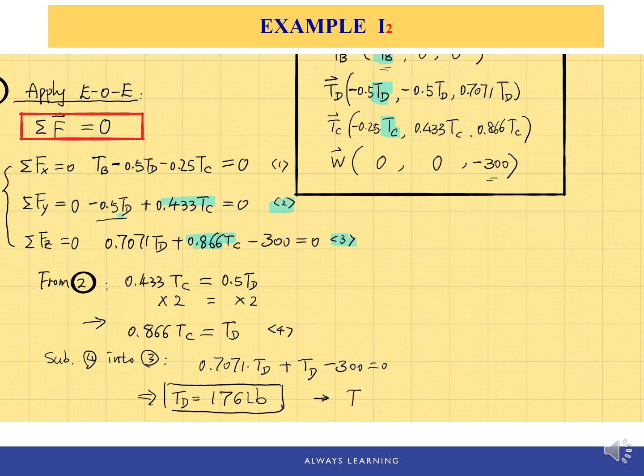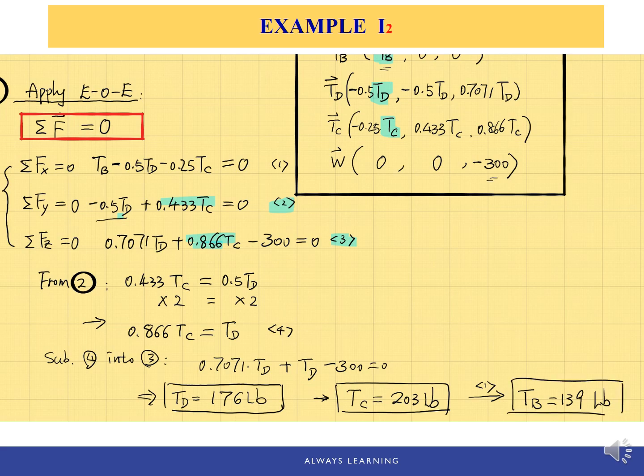So TC is TD divided by 0.866. So TC is solved to be 203 pound-force. And we substitute both values into equation 1, then we can solve TB, and TB is 139 pound-force, and the problem is solved.